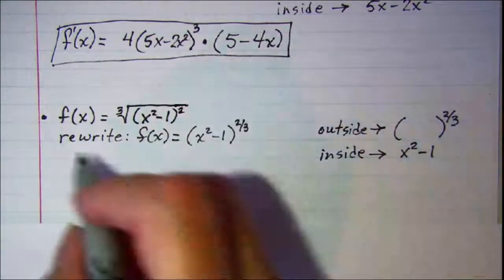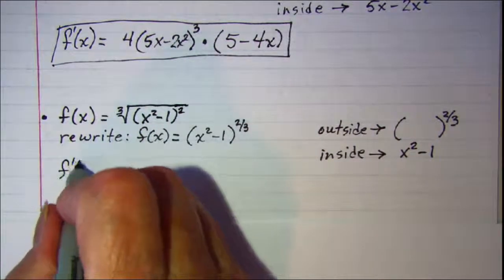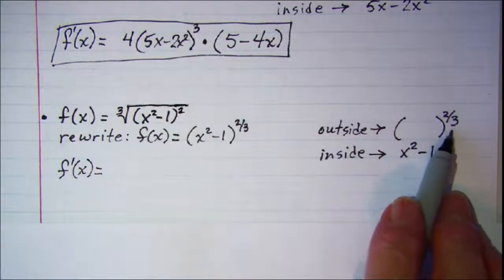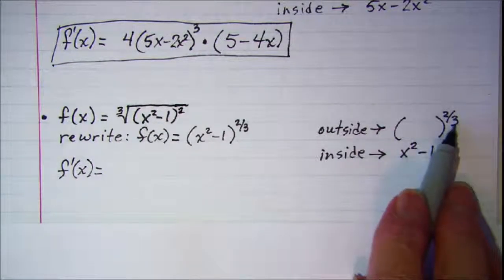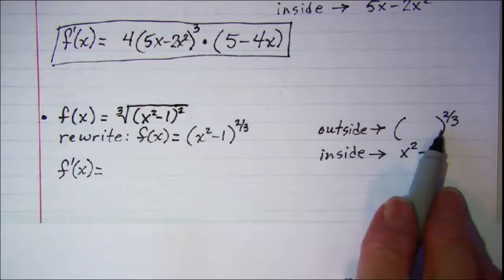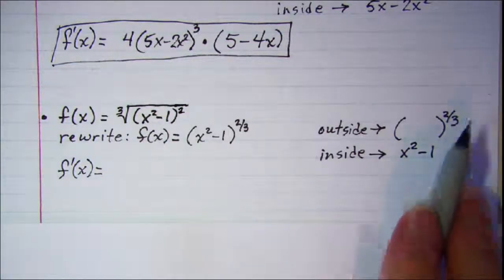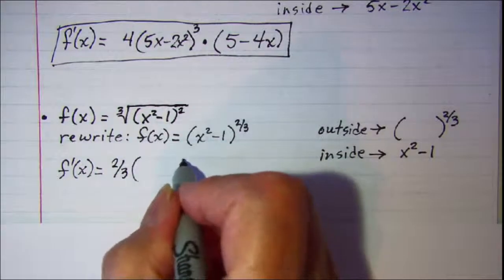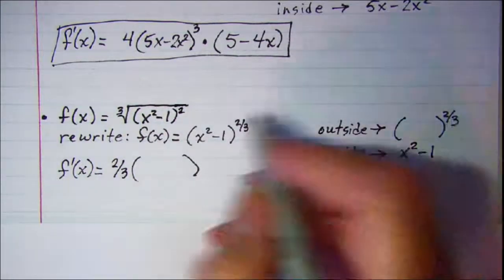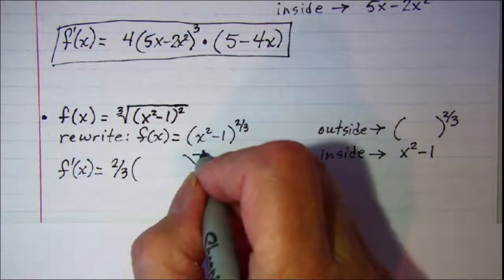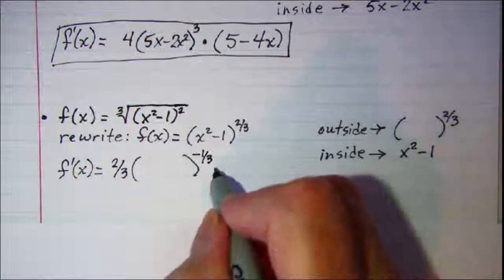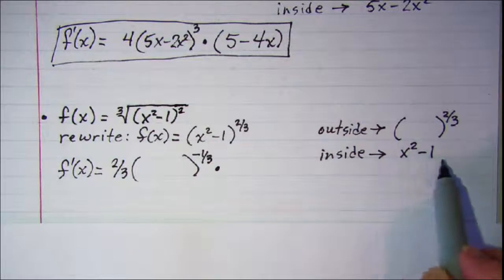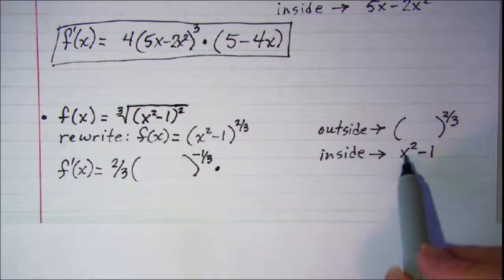So the derivative is the derivative of the outside, so we'll take our exponent times the quantity to the exponent minus 1, so it'll be 2/3 times the quantity, and then 2/3 minus 1 is a negative 1/3. Then that gets multiplied by the derivative of the inside, which will just be 2x.